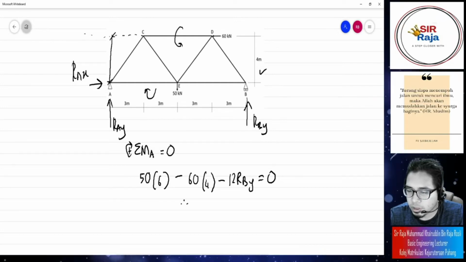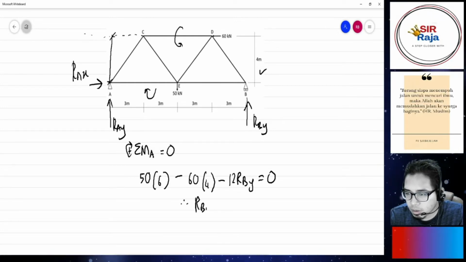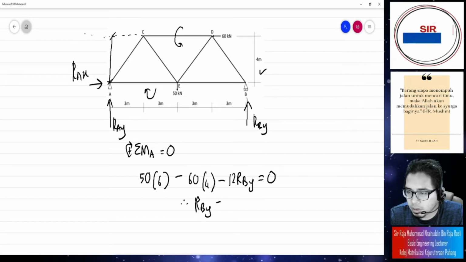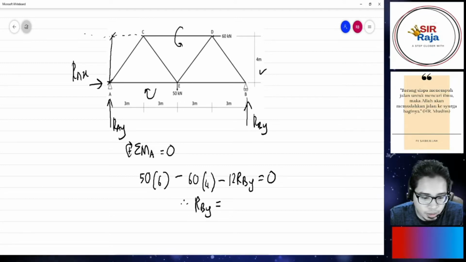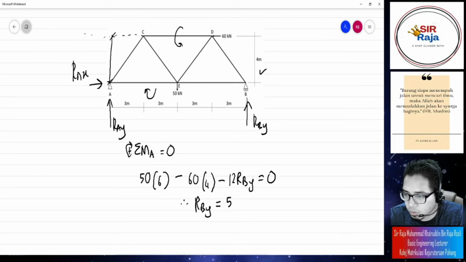Therefore, from this equation we can get RBY, and you can check with your calculator. I got RBY equal to 5 kilonewton.